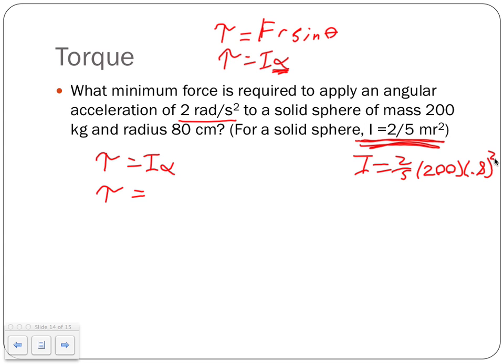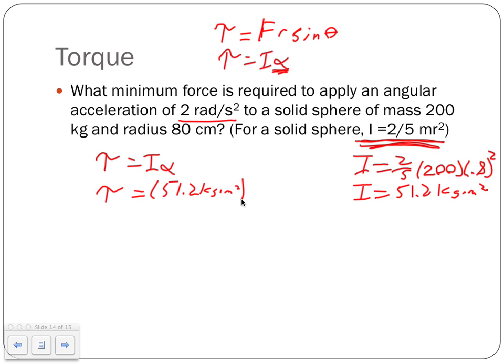When we do that, 2/5 times 200 times 0.8 squared comes out to I equals 51.2 kilogram meters squared. Okay, so we have our value of I, so we'll put that in: 51.2 kilogram meters squared times alpha.